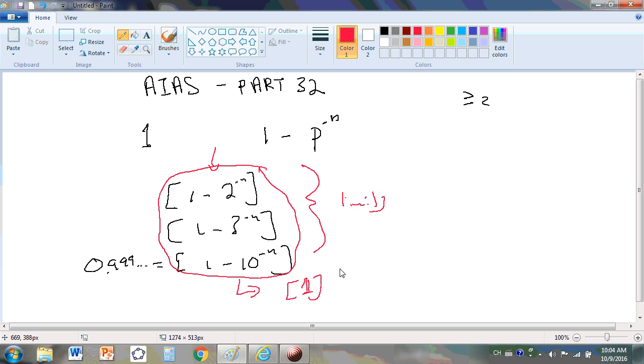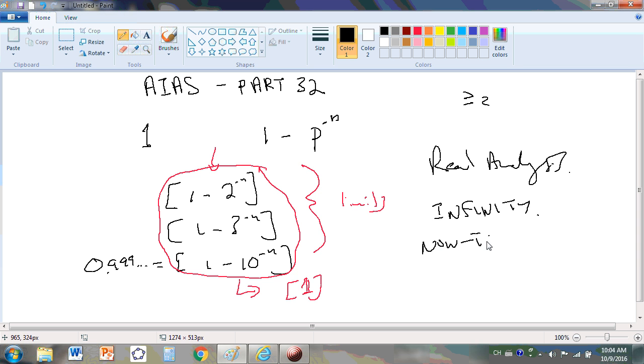So this here is absolute rubbish, which you'll learn in a course on real analysis. There is no such thing as infinity. There is no such thing as a non-terminating decimal, or a non-terminating, non-repeating decimal. All those concepts are absolute nonsense.